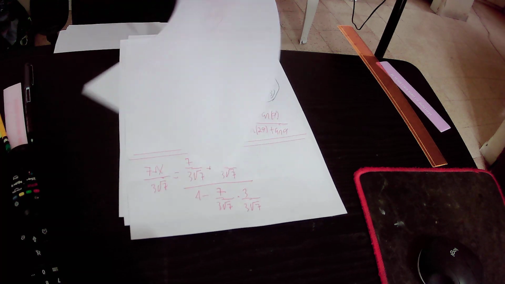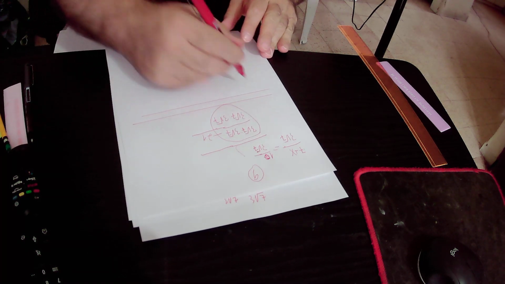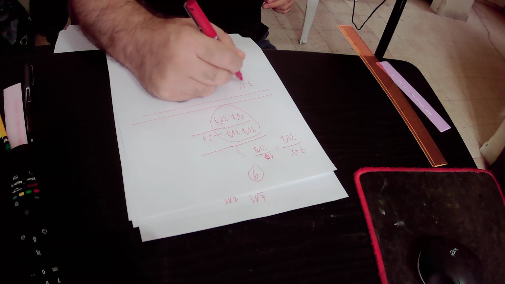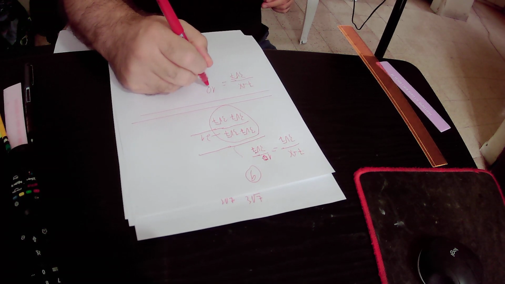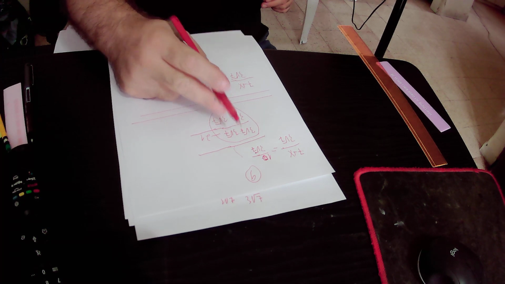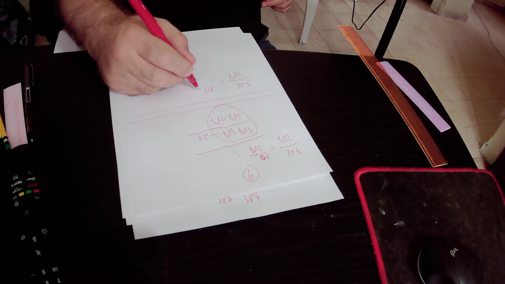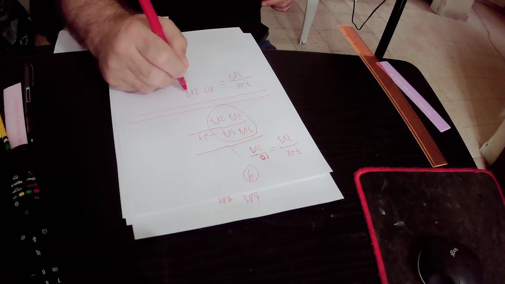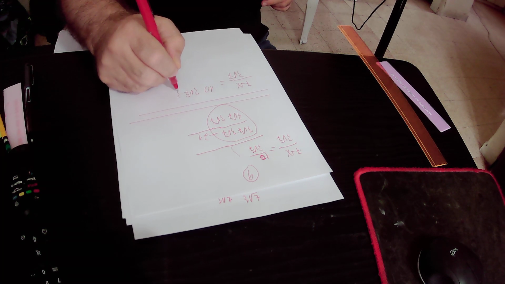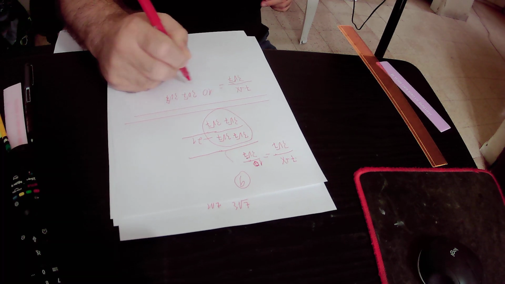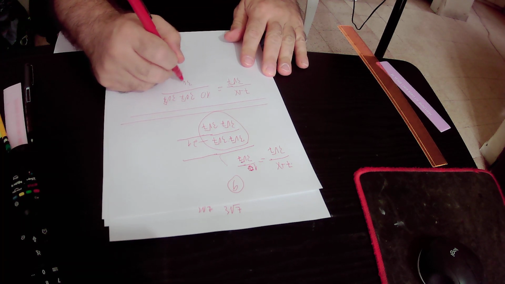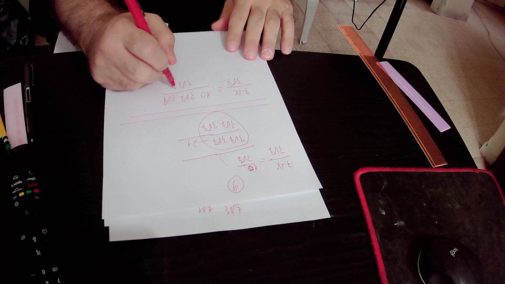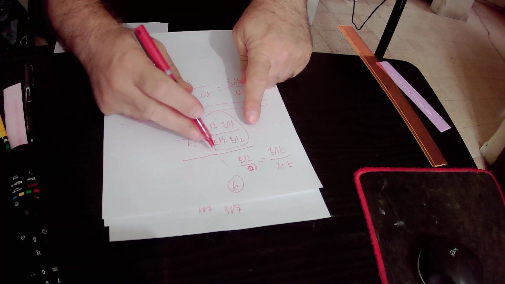Okay, and we will get that 7 plus x over 3 times root 7 equals 10, and we will move this expression to the numerator, so it is 10 times 3 times root 7 times 3 times root 7 over 3 times root 7, and we will move this expression to the denominator.